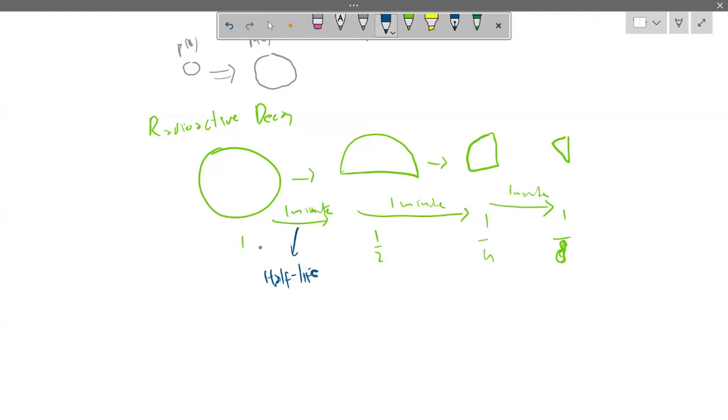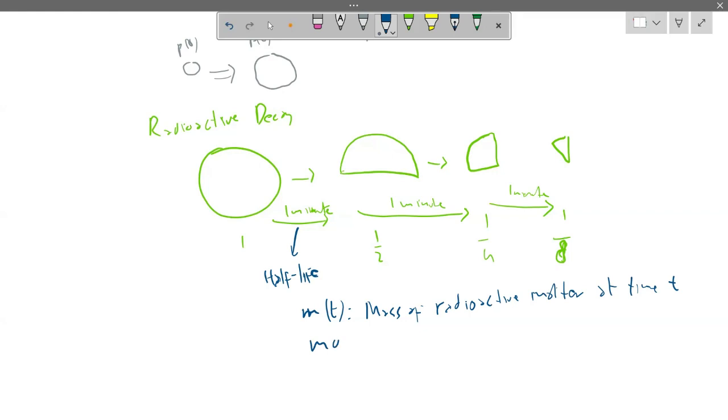Here we can also denote the amount of radioactive matter at time t in minutes, just like the previous one. Let's say M. M_t is the mass of radioactive matter at time t in minutes.